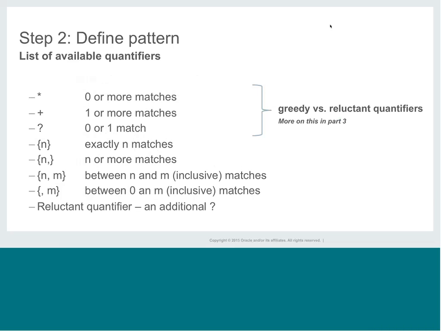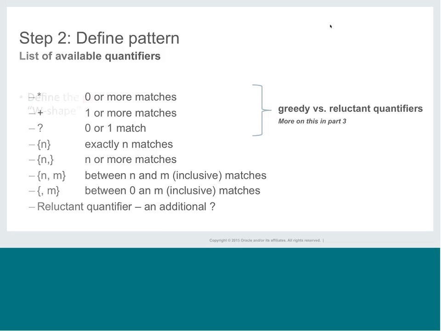So 0 or more, 1 or more matches, or 0 or 1 match. You can see that it's an open-ended approach to searching for patterns. And this is typically where you can hit problems around backtracking, forcing the system to keep going back over, hunting backwards and backwards through your partitions to try and find matches for the particular pattern you're looking for.